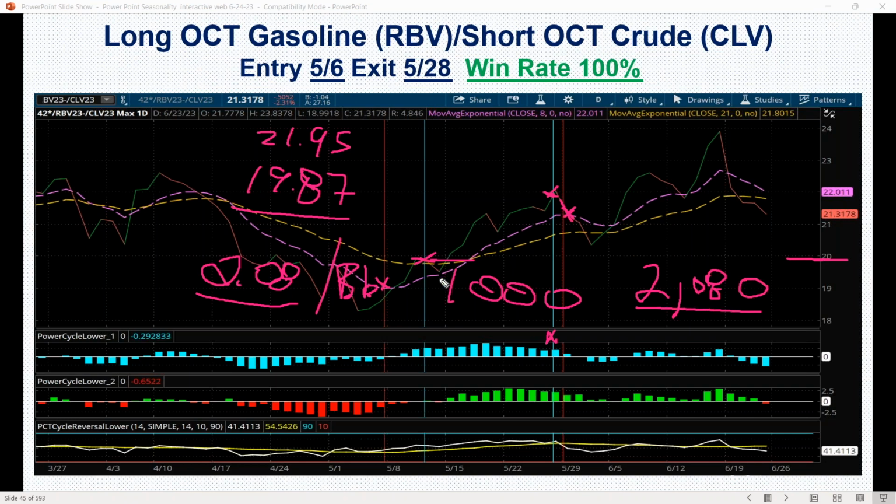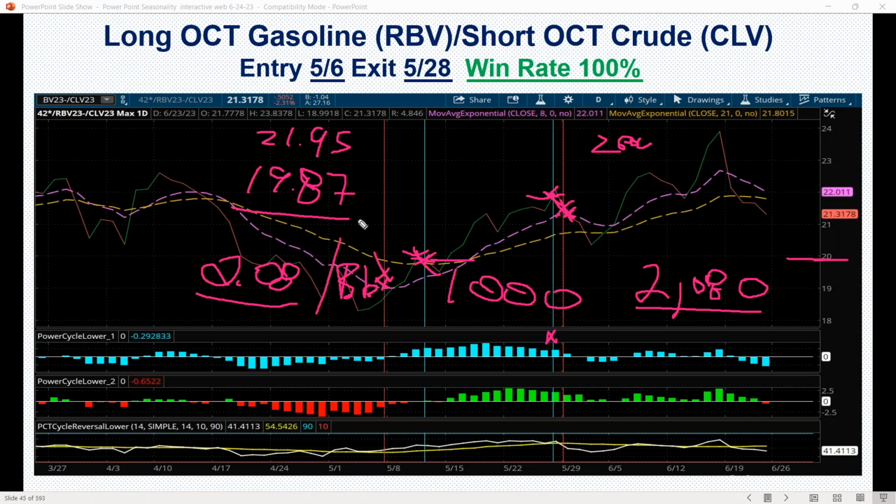Okay, so if you did just this crack spread, if you bought it right here, the spread at $19.87, and sold it right there at $21.95, you would have made $2,080. If you did the seasonal, where you just blindly got in on the seasonal entry right here and out here, you would have ended up making 2,800. This one actually turned out a little bit better from the seasonality.